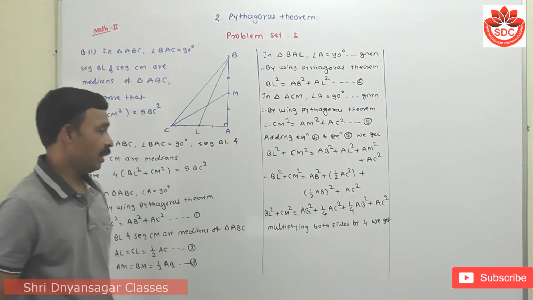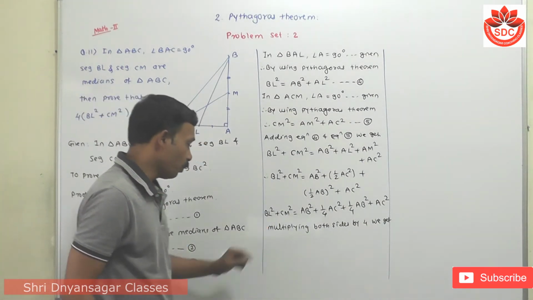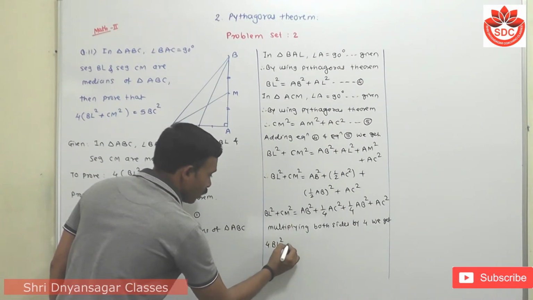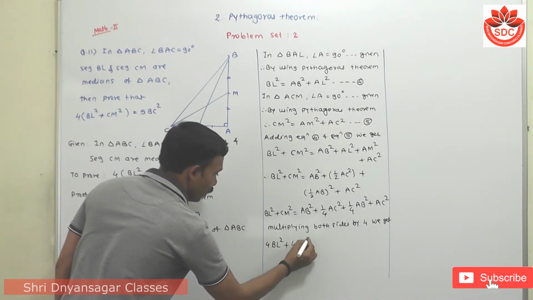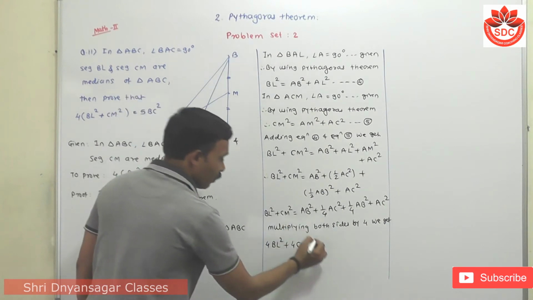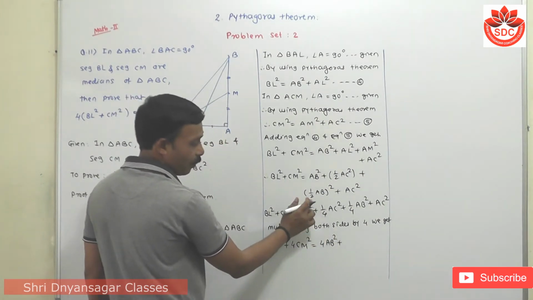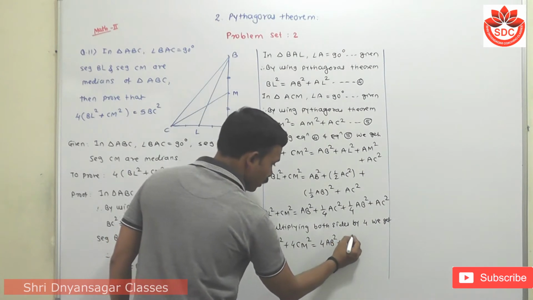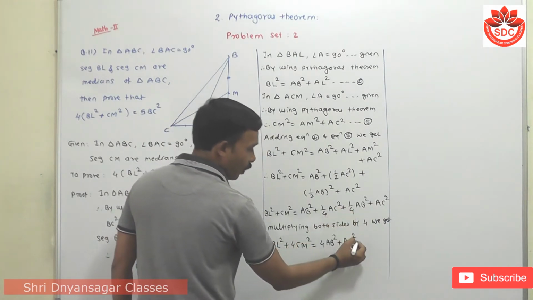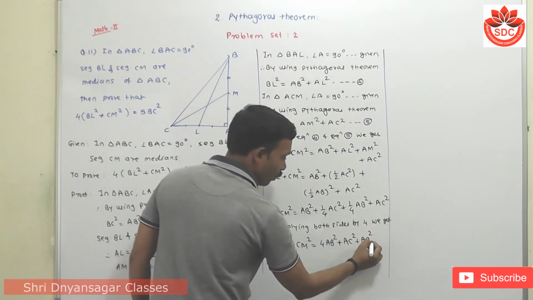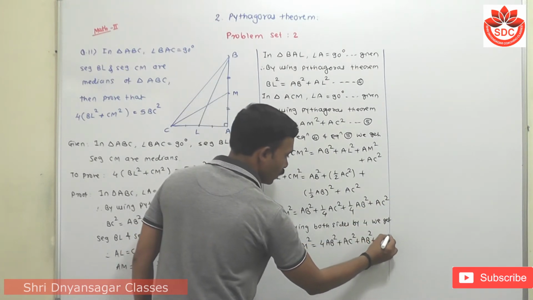Multiplying both sides by 4, we get 4BL square plus 4CM square is equal to 4AB square plus, this 4 and 4 get cancelled, AC square, this 4 and 4 also get cancelled, AB square, and also plus 4AC square.